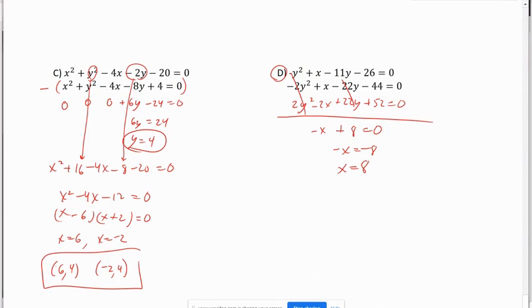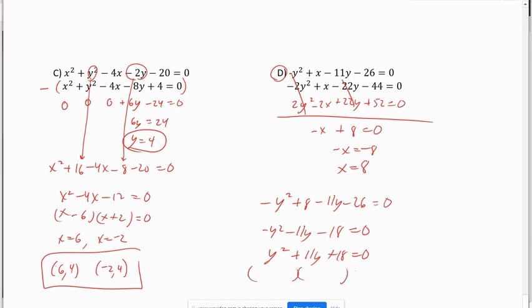And then if we substitute that into either equation, I'll plug it into the top one, we get negative y squared plus 8 minus 11y minus 26 equals 0. So then that is negative y squared minus 11y minus 18 equals 0. And multiplying everything by negative 1 is y squared plus 11y plus 18 equals 0.